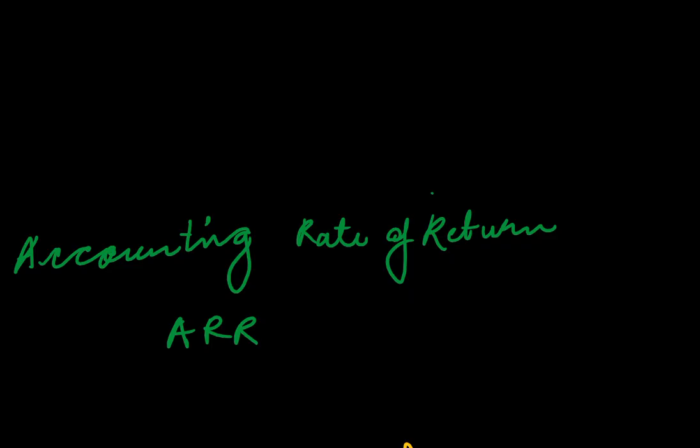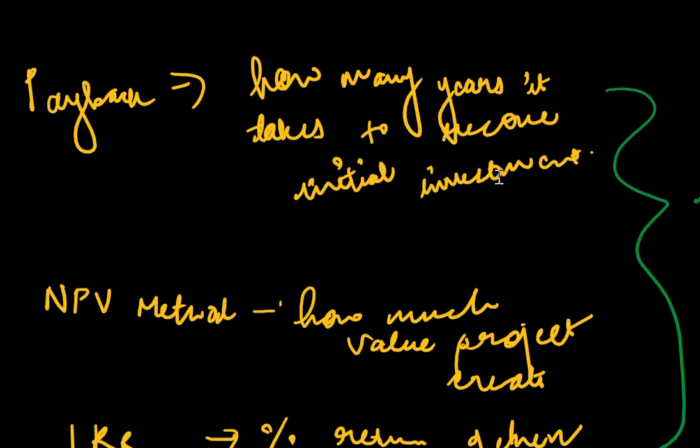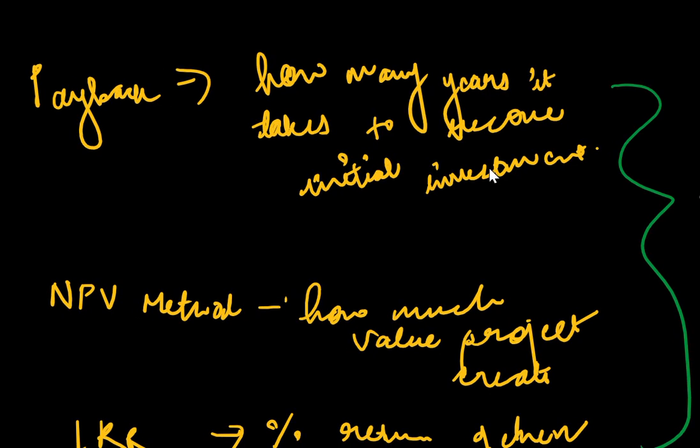Now before starting ARR method, let's quickly revise what we already know. We studied payback period method, NPV method, and IRR method. Let's recall them first because there's something different in this lecture.